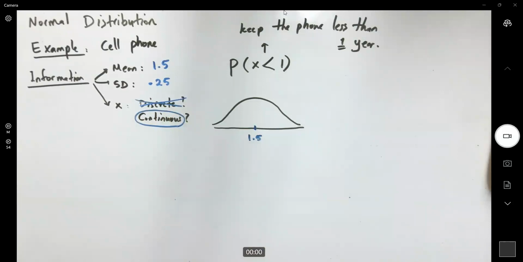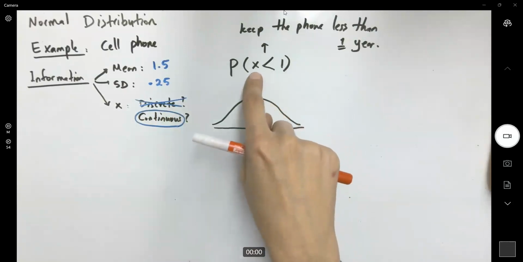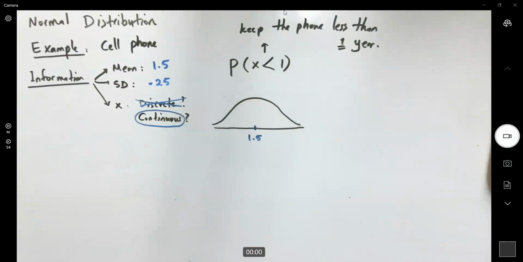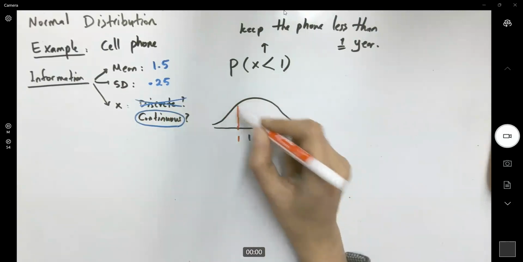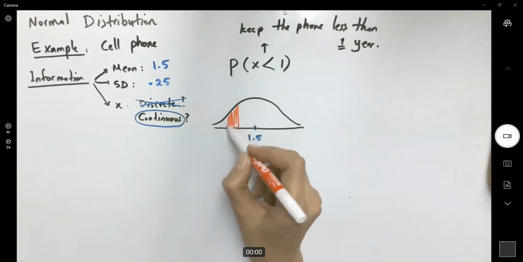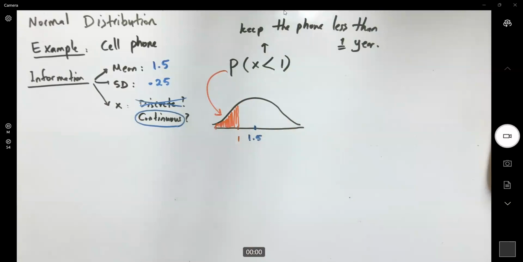We can divide this up using the standard deviation. Well, what is the probability? The probability of x being less than 1. Suppose your 1 is here and you are looking for this area, this probability on the left-hand side.